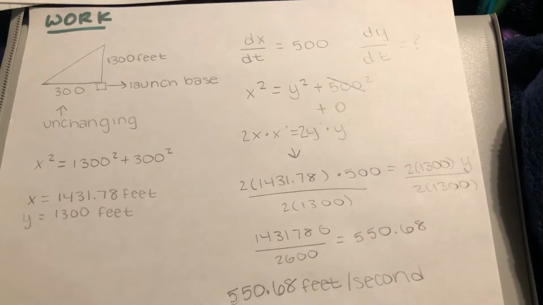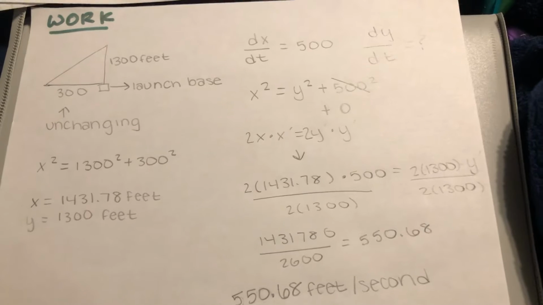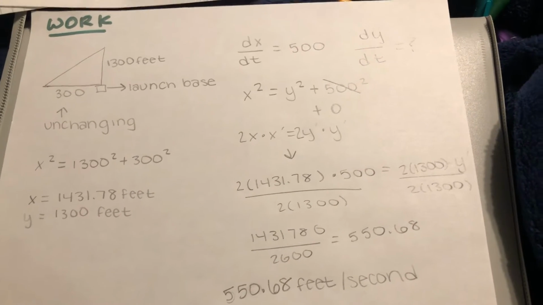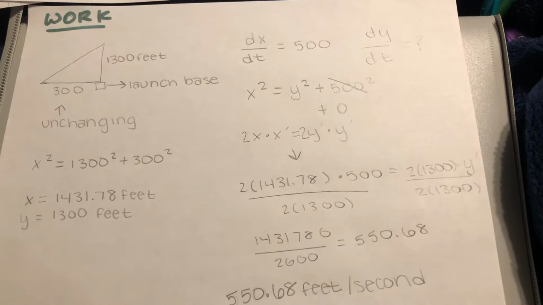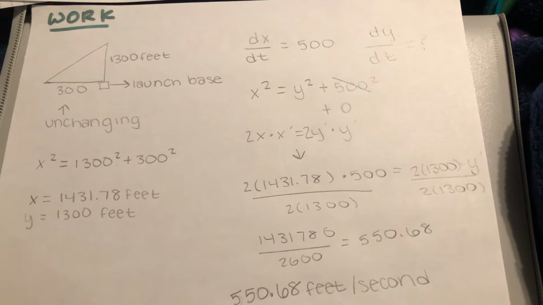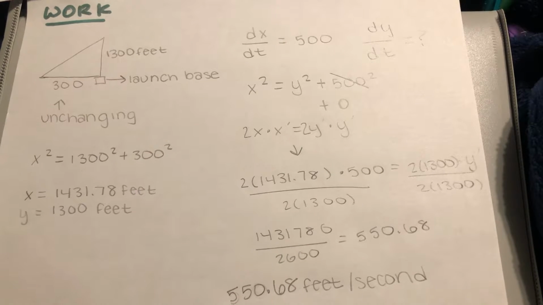Okay, so first off, you start by putting in your drawing, and so you can see that 300 feet is unchanging because the person observing is not moving any closer or farther away from the rocket, but the rocket is moving up higher, so the 1,300 does change, but in this problem we are looking at 1,300.